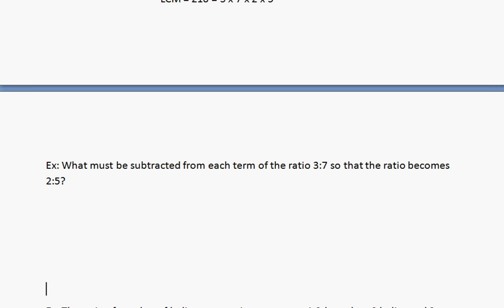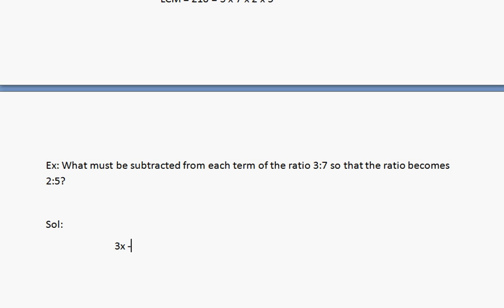It says what must be subtracted from each term of the ratio so that it becomes this. Let me solve this. The next question is almost similar, right? So two numbers are in 3:7. So the first number is 3x, the second number is 7x. What should be subtracted from each term, right? So let's say a is subtracted from each term.